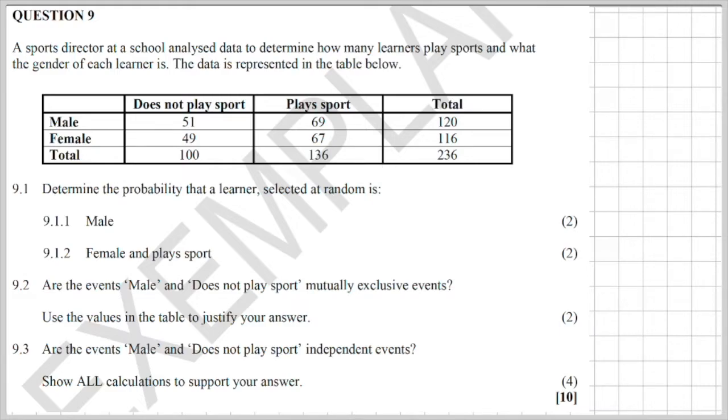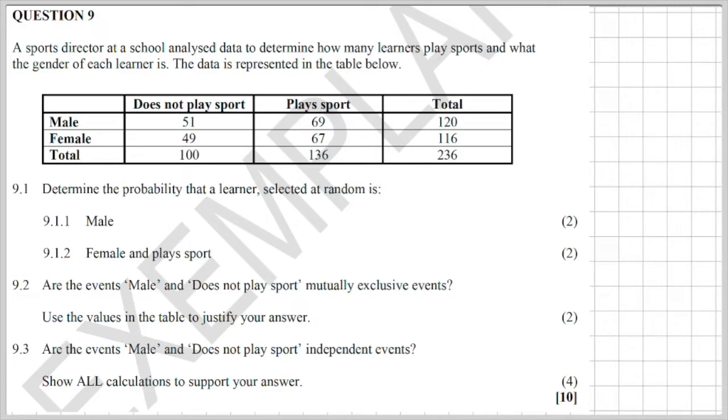A sports director at a school analyzed the data to determine how many learners play sport and what the gender of each learner is. Now I'm going to say this very clearly. I'm not the sports director, but I can give you a sneaky little bit of inside info.